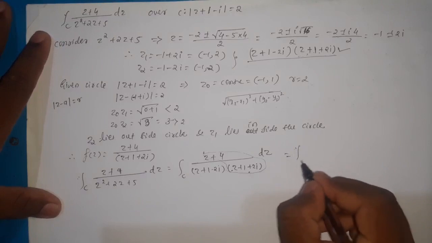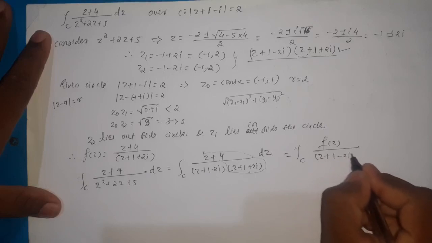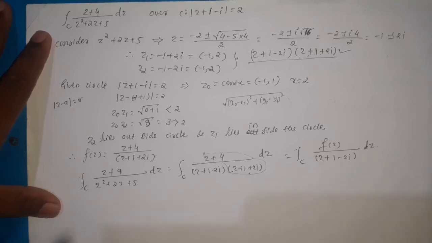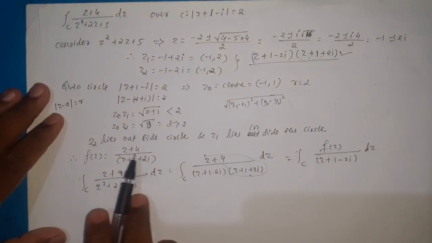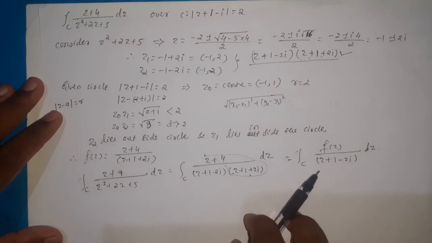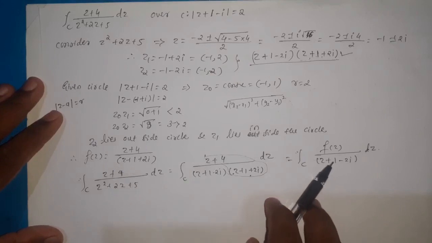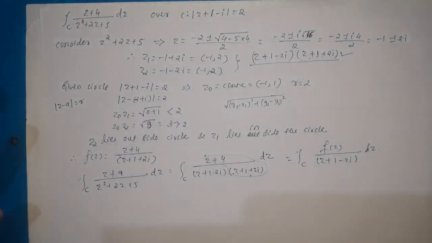Then this is equal to the integration over c of f of z divided by z plus 1 minus 2i dz. So what is a here? We know that f of z equals z plus 4 divided by z plus 1 plus 2i, and the point a is minus 1 plus 2i, because that point lies inside the circle.